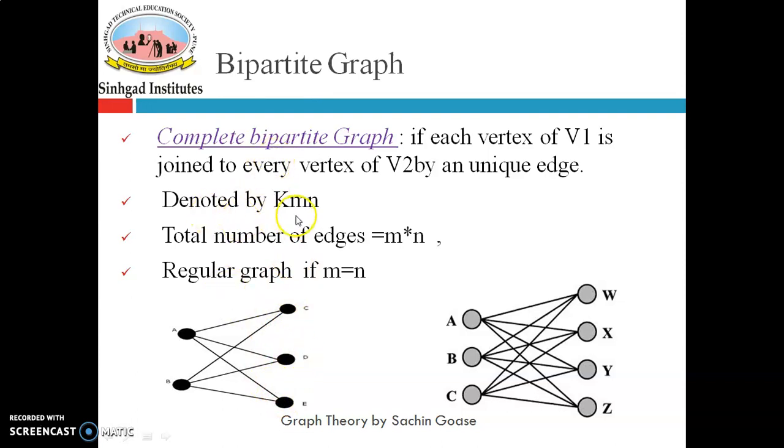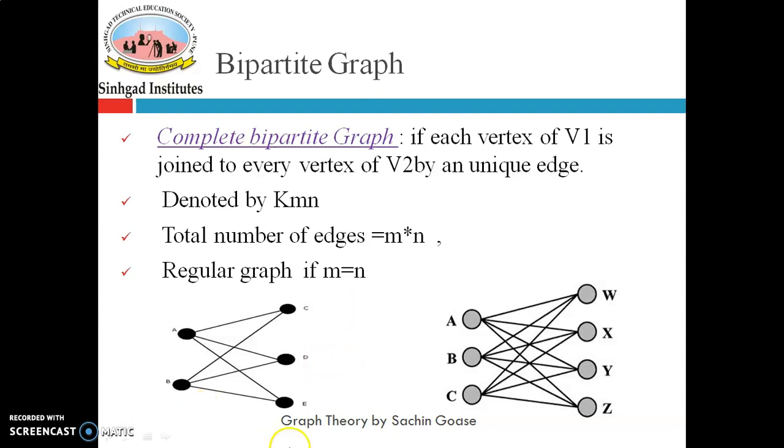It is denoted by KMN, where M is the number of vertices from vertex set V1 and N is the number of vertices from vertex set V2. So total number of edges in the given complete bipartite graph is always equal to M into N. And if M is equal to N, in that case it is a regular graph.